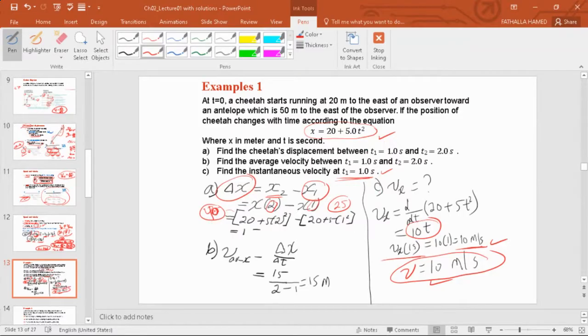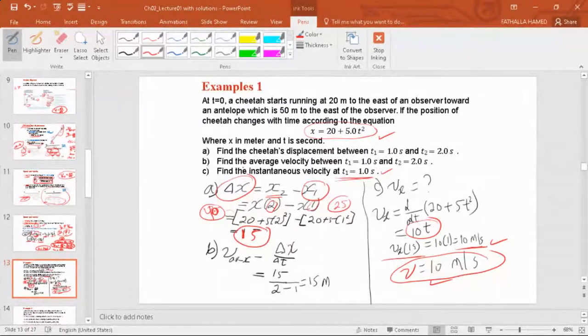Now, for x1, we use t equal to 1, so it's 20 plus 5 times 1 squared, and 1 squared is 1, and 1 times 5 is 5, plus 20, it's 25. So you have 40 minus 25, and that will give you 15. So delta x here is equal to 15, it's positive.